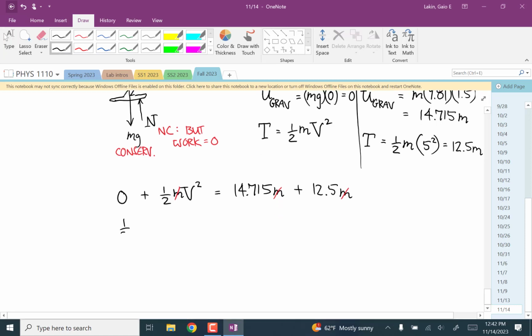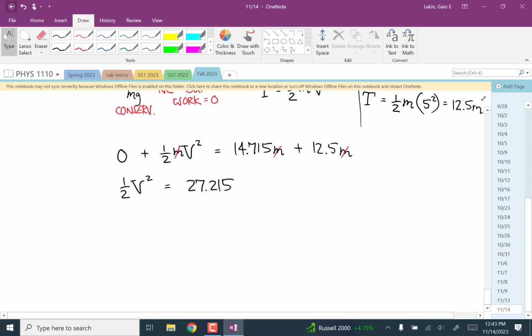So we get 1/2 times v squared is equal to 27.215. Multiply both sides by 2, and you get v squared is equal to 54.43.